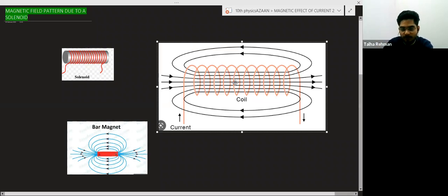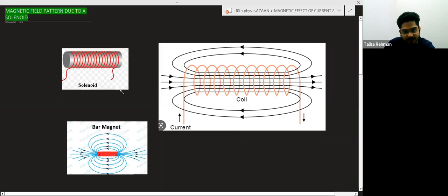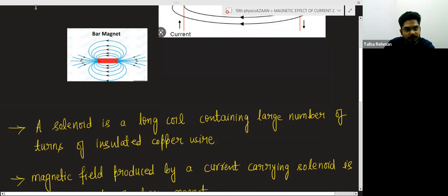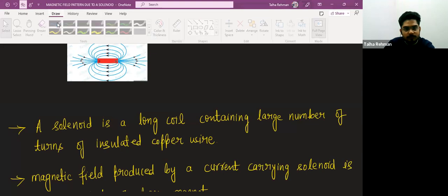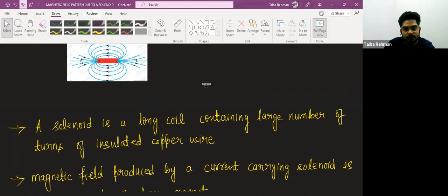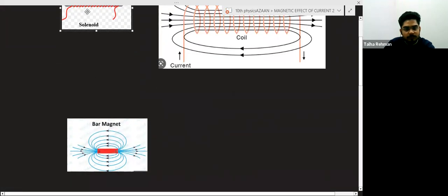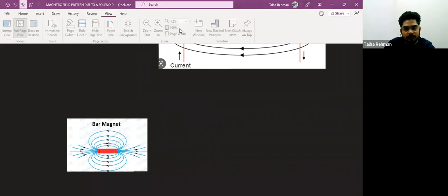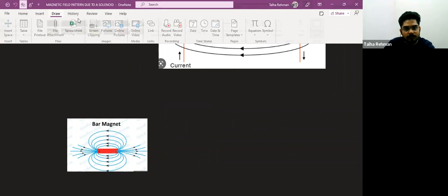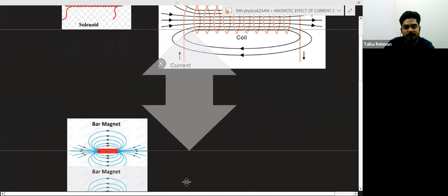To increase the magnetism, or to increase the magnetic field strength of the solenoid, you can insert a core in this. So it will be like this.